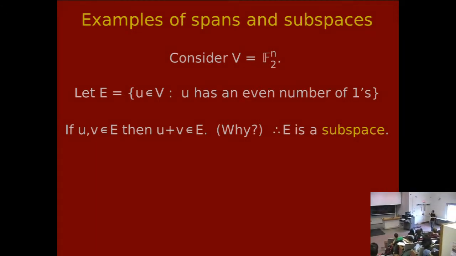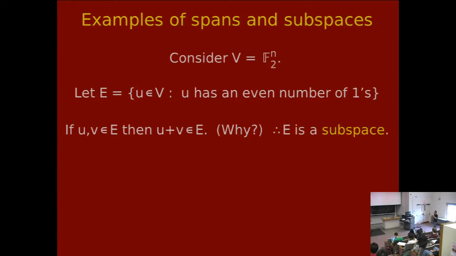If u had an even number of 1s, and v had an even number of 1s, then together there's still an even number of 1s. And as was said, if you add them mod 2, the only thing that can happen is pairs of 1s can cancel out. So maybe you'll cancel out some further even numbers of 1s, but you'll still be left with an even number of 1s. So that proves that this is a subspace.